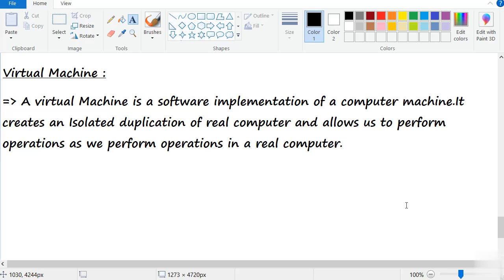It creates an isolated duplication of a real computer and allows us to perform operations as we perform operations in a real computer. This is about virtual machine. We will see with a diagram how virtual machine will work and how non-virtual machine will work in our computer.